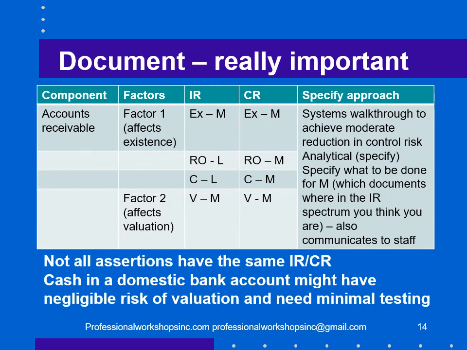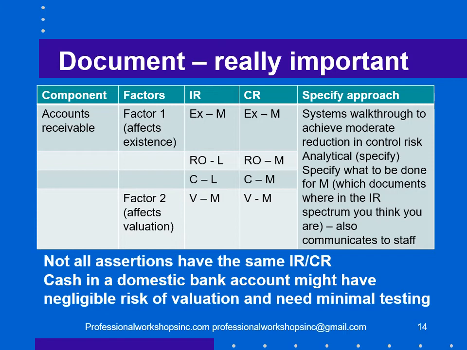Affects existence, for instance, or valuation. Here we have two unspecified factors, one that affects existence and one that affects valuation, because certain audit procedures address certain assertions, not all of them necessarily. Now, the wonderful thing about control testing is often, not always, but often a systems walkthrough will address all assertions equally.